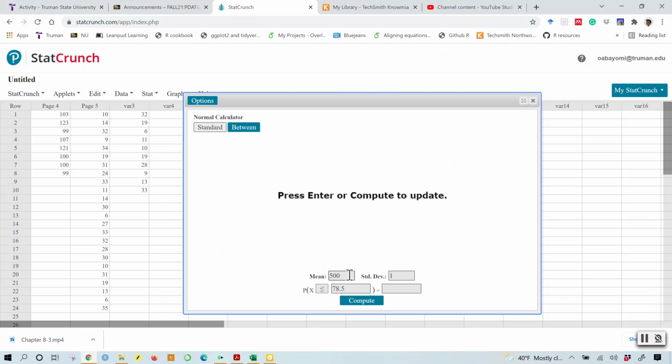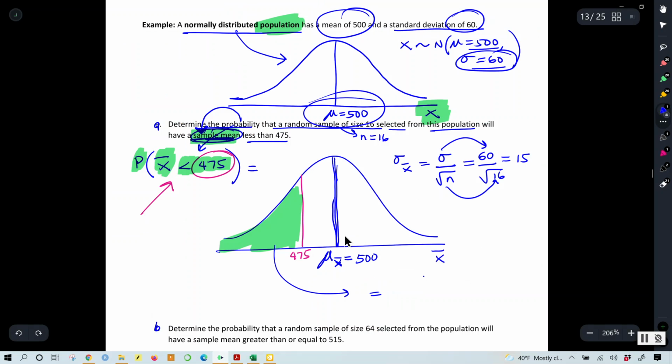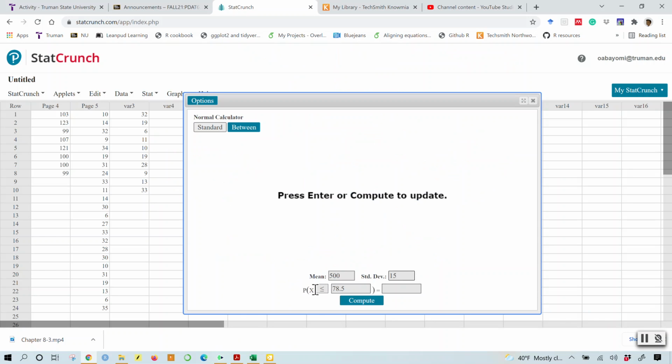The mean is 500 and the standard deviation is 15. Please note that these values came from the mean value here and the standard error of the sampling distribution. Then I want probabilities less than 475. So I will change this. This is already less than or equal to, and so I only need to change this to 475 and compute.